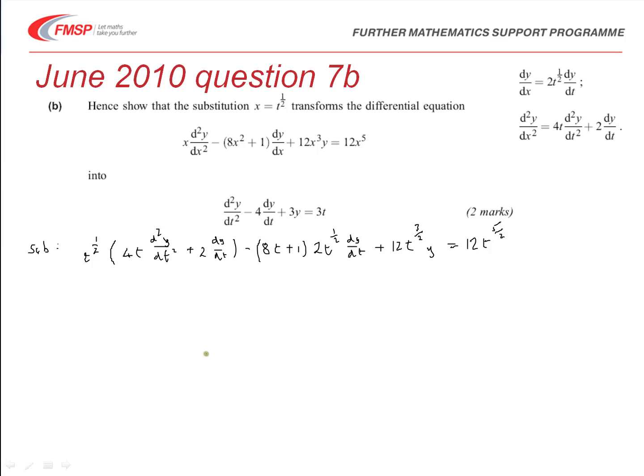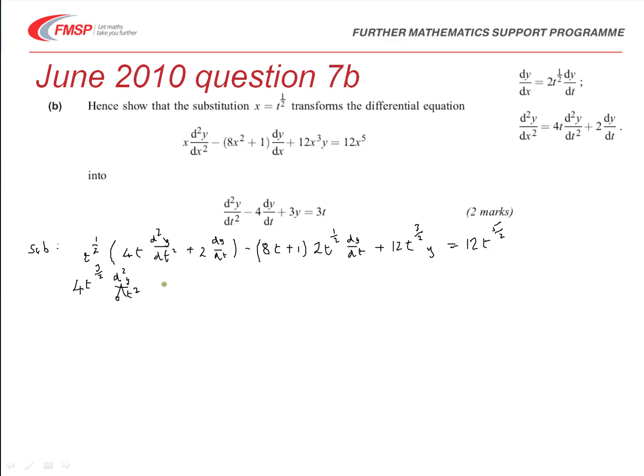Right, well we start now simplifying this. We can see t to the half times this first part will give us 4t to the 3 over 2 d2y by dt squared.